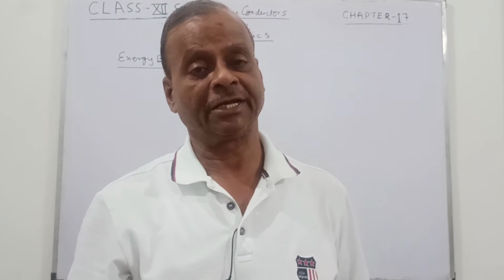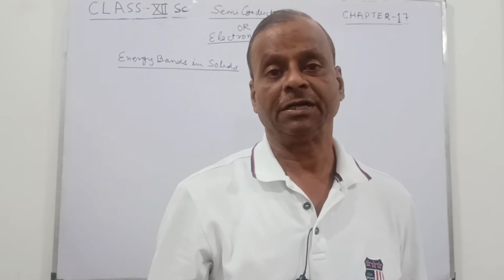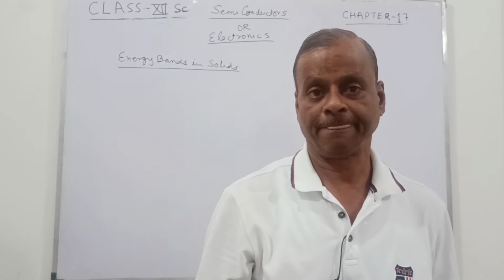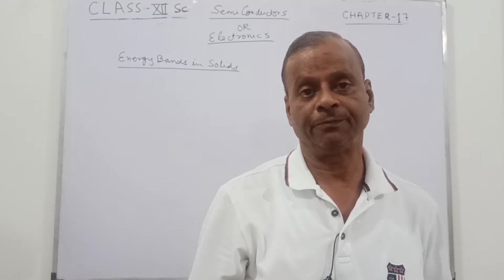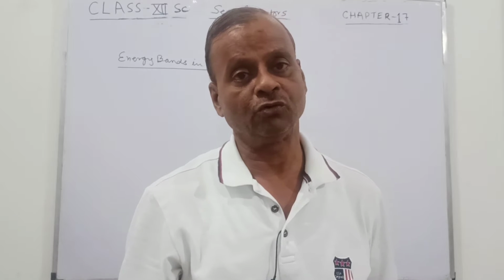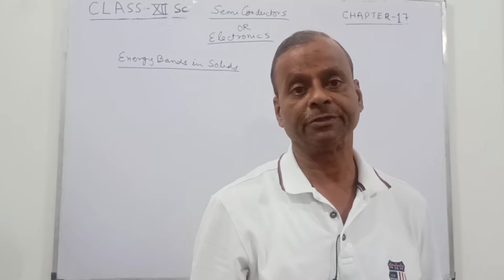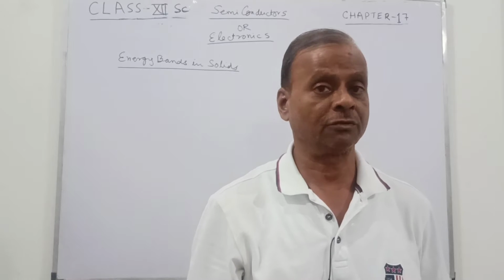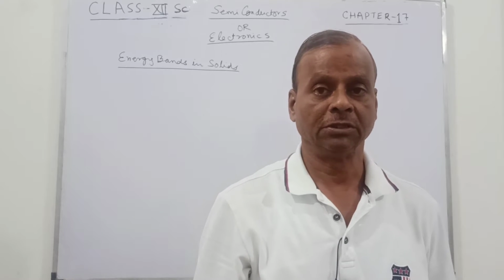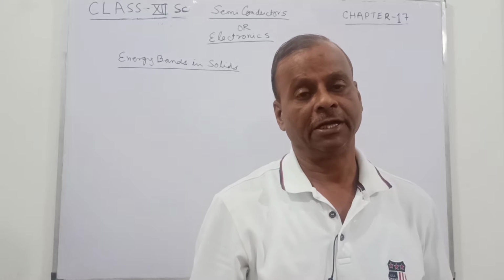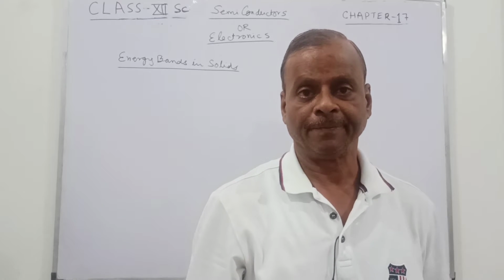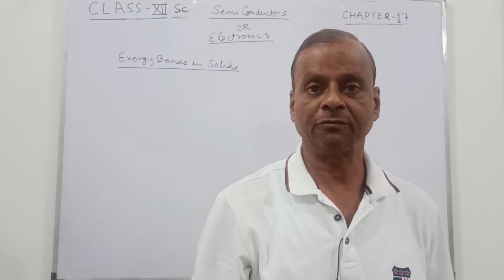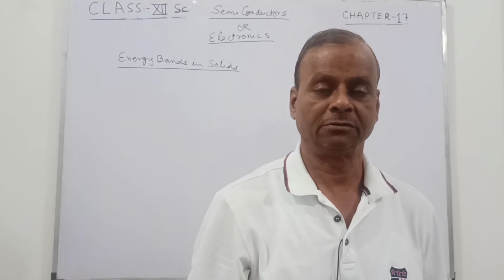They follow the Pauli exclusion principle, so they are arranged in the orbitals, and following the Pauli exclusion principle, no two electrons can have the same quantum number, so they are arranged in such a way that the Pauli exclusion principle is followed in the electronic configuration. So first I will tell you what happens when two atoms are brought together.